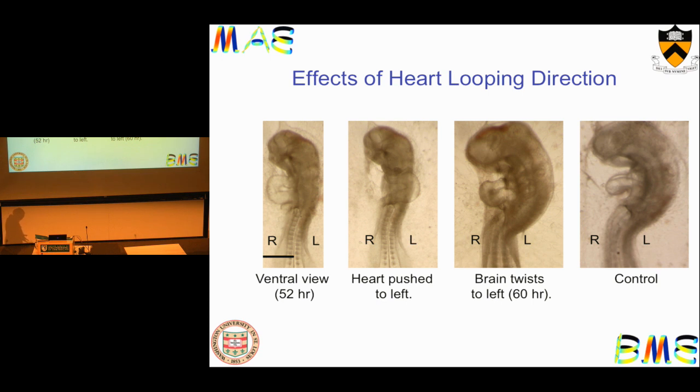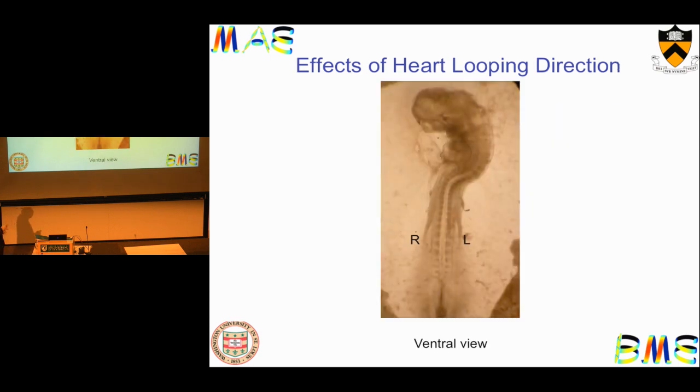This is because, if we examine it closely enough, we found that when the brain already has significant torsion, the heart pushed to the left side will return to the right side in minutes. So in that case, when we culture the embryo, the twisting of the brain is about the same as in a control embryo, because the heart cannot stay on the left side.